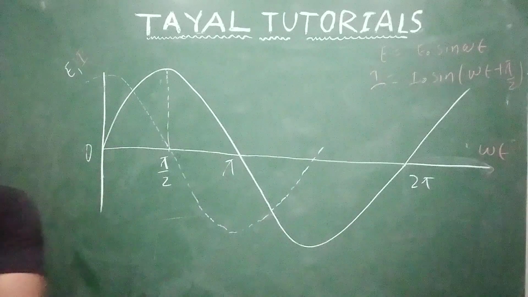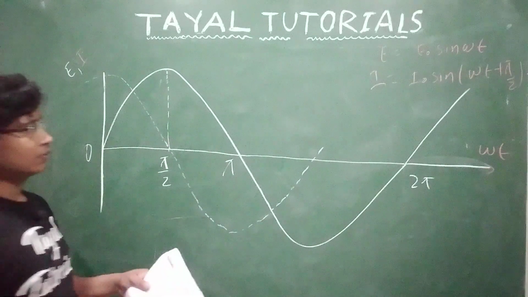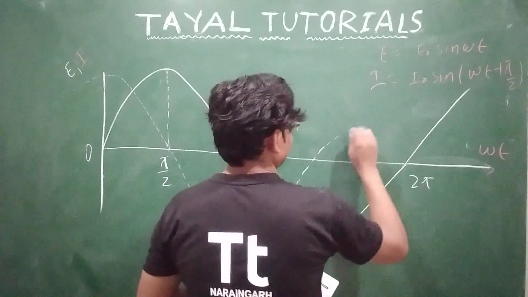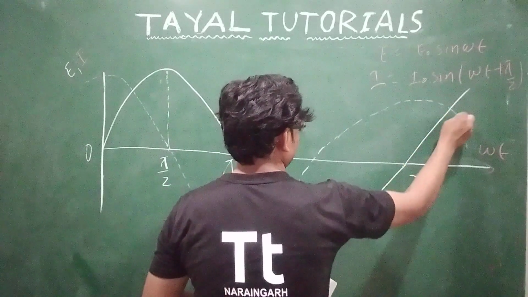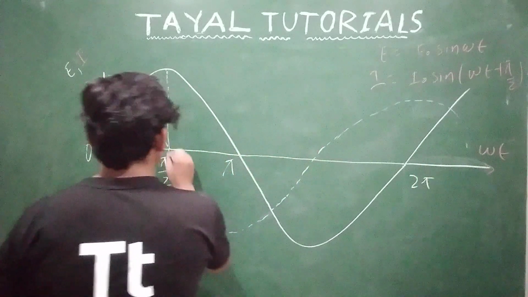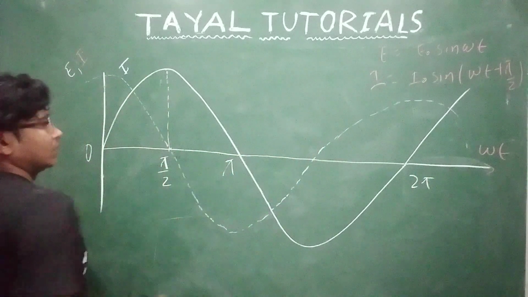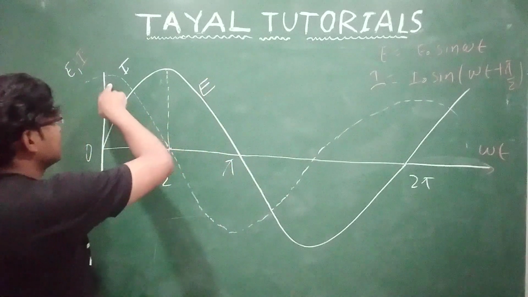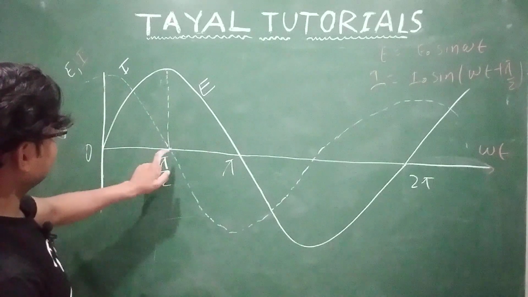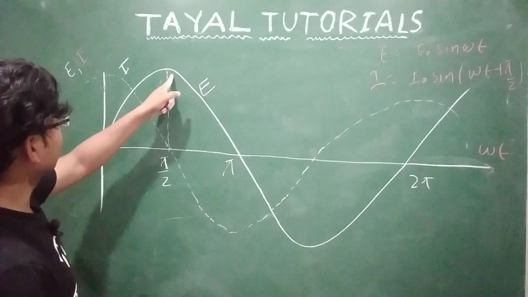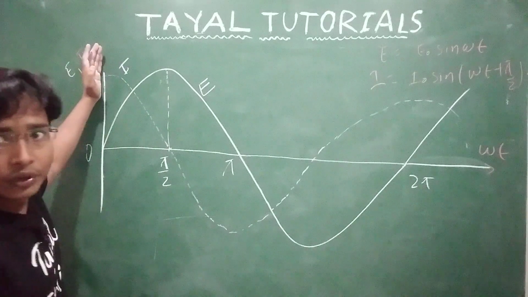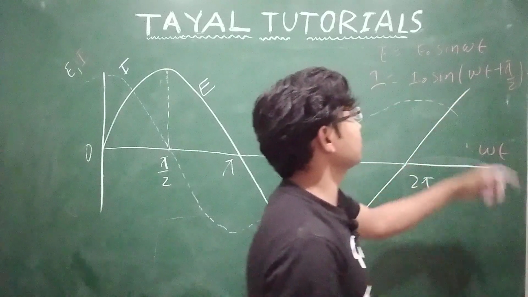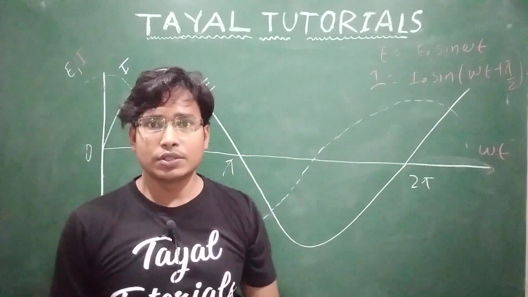You can see this is the graph we expect. Okay, this is your I and this is your E. You can see maxima of your current is leading the maxima of your EMF. So this is satisfying that equation, E is equal to E naught sin omega t, I is equal to I naught sin omega t plus pi by 2. Simple.